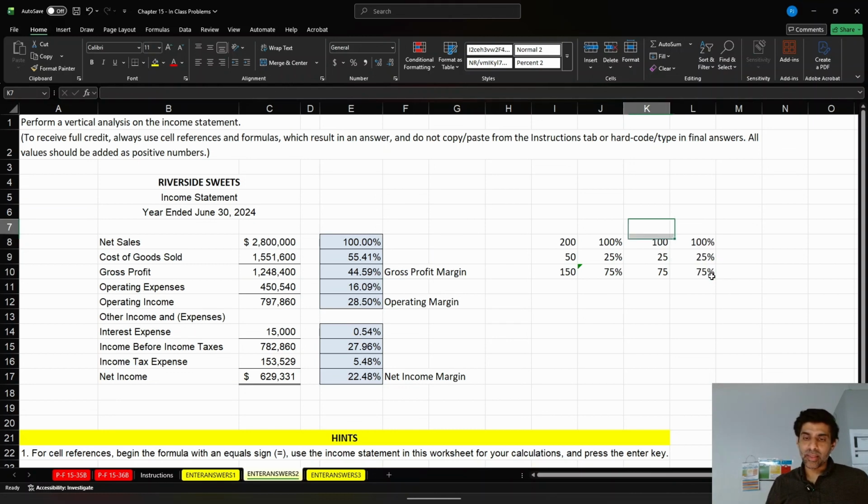But let's say this stayed the same. You can see that your expenses were 25%, now they're only 13%. So the fact that you would compare your two vertical analyses, this is what I was saying, you can combine vertical and horizontal analysis, and that's actually maybe the most useful.